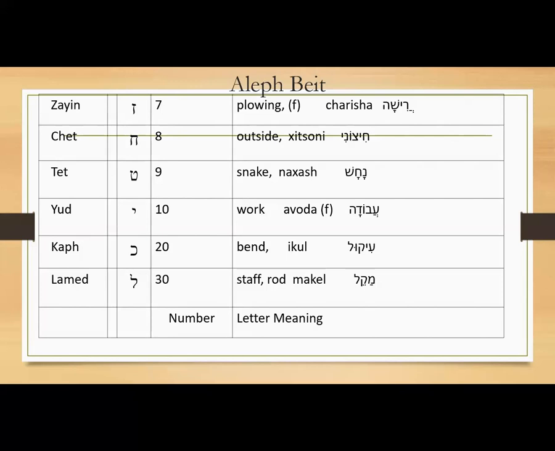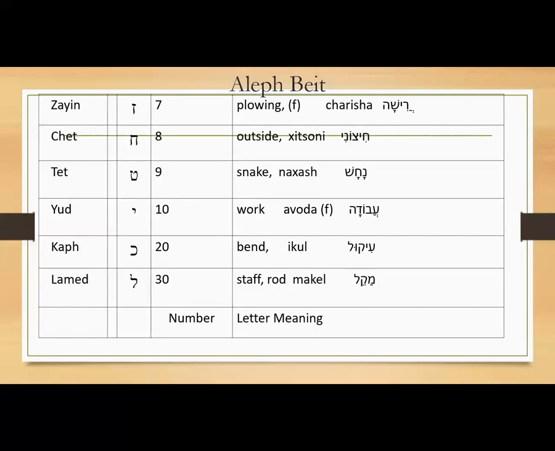Yud, the smallest letter in the Hebrew alphabet, its value is 10. And we're going to use the word work, in which we use avodah. It's avodah, and it ends in a. That gives us the feminine ending, avodah. As I said to you last week, ovéd is the male of work.